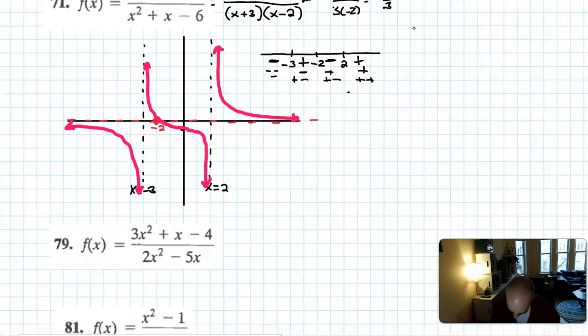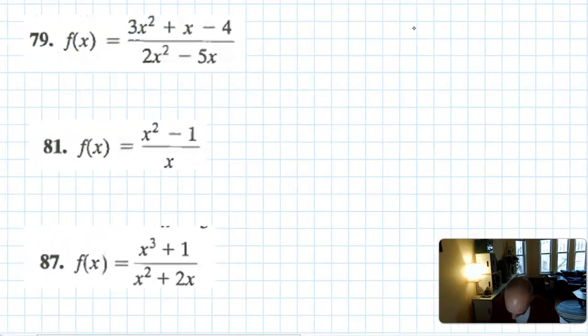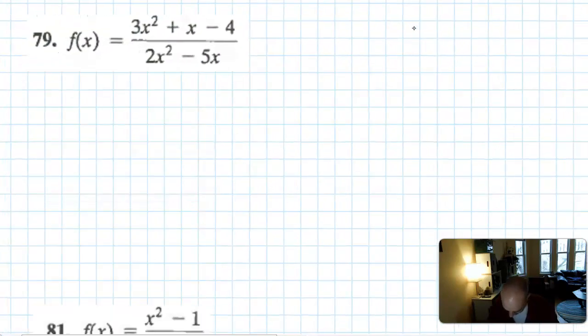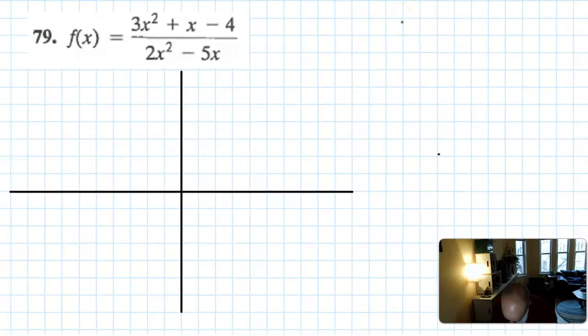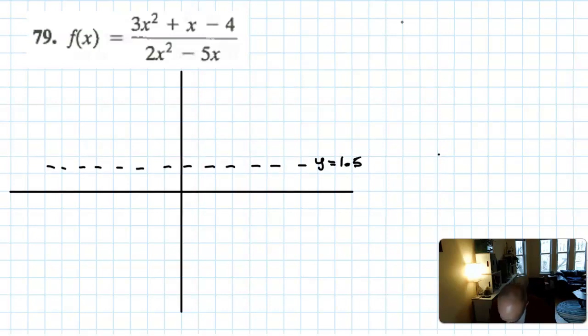79. Ooh, we have even degrees on top, so we are going to have a horizontal asymptote at 1.5. I can already tell. Let's go ahead and put that in. Everything else, I think I want to factor it, so let's do this.